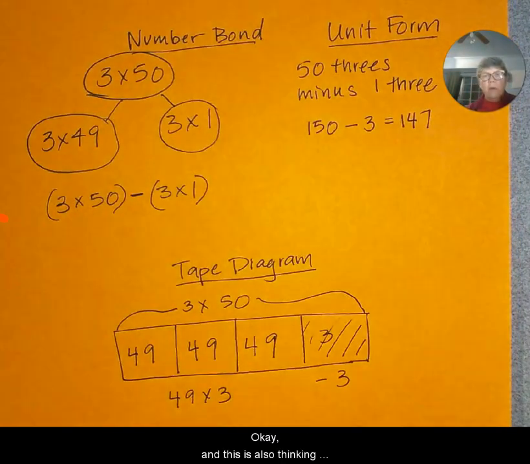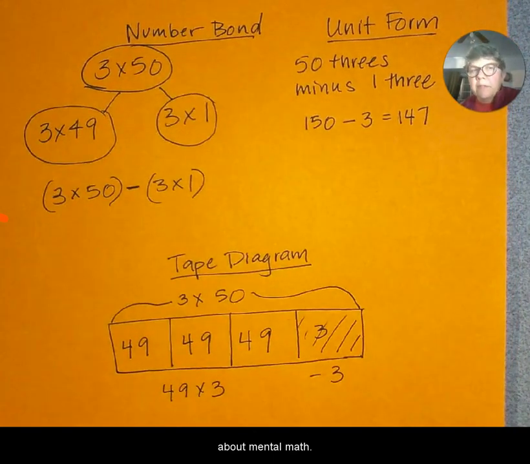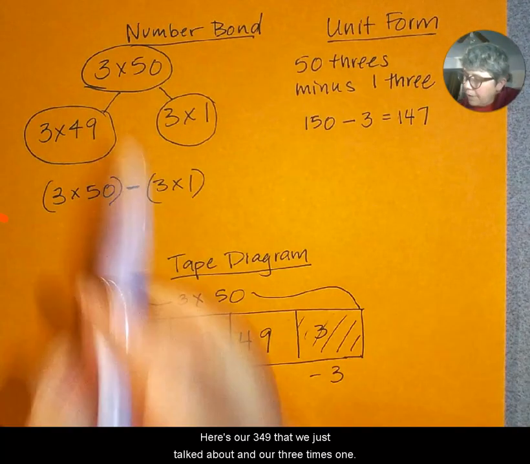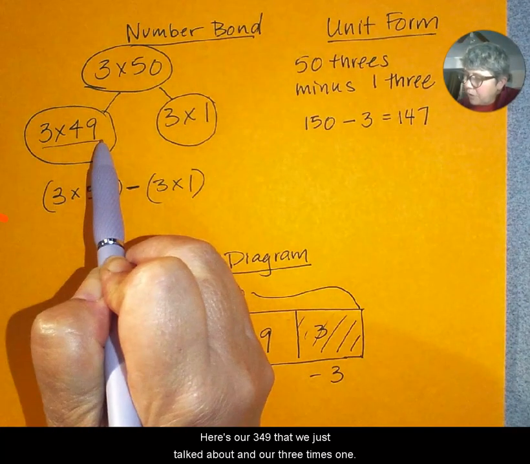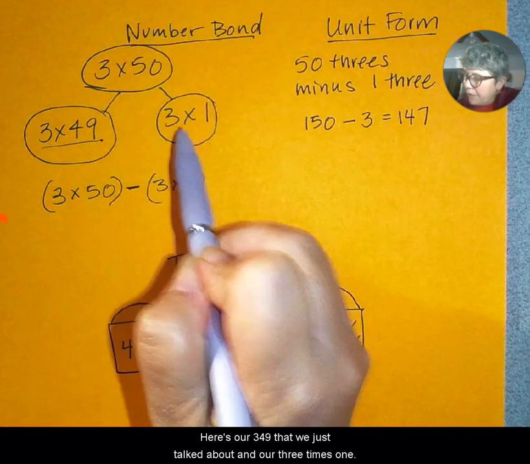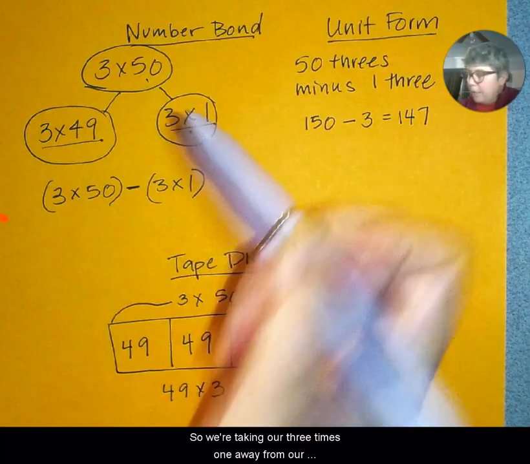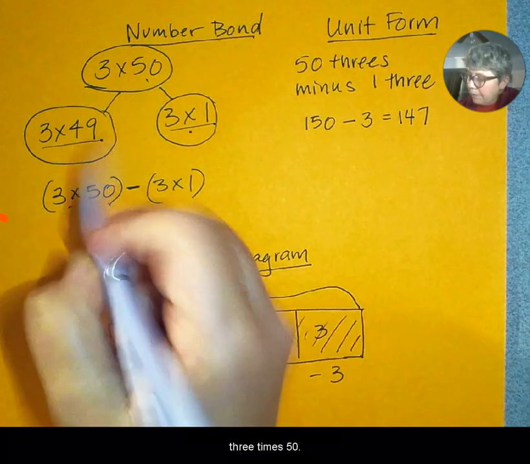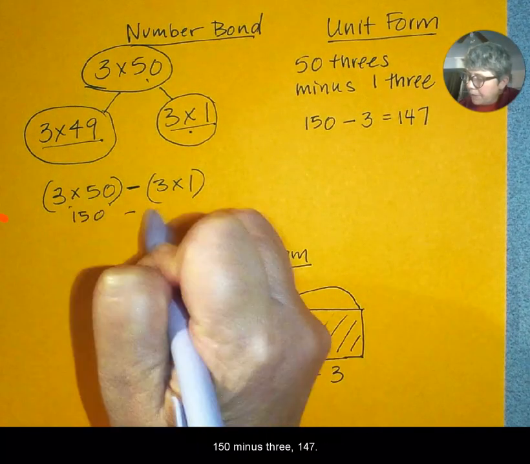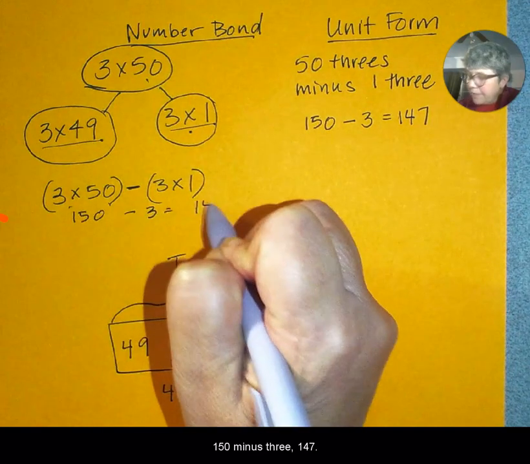Mental math. Okay, and this is also thinking about mental math. Here's our 349 that we just talked about, and our 3 times 1. So we're taking our 3 times 1 away from our 3 times 50, 150 minus 3, 147.